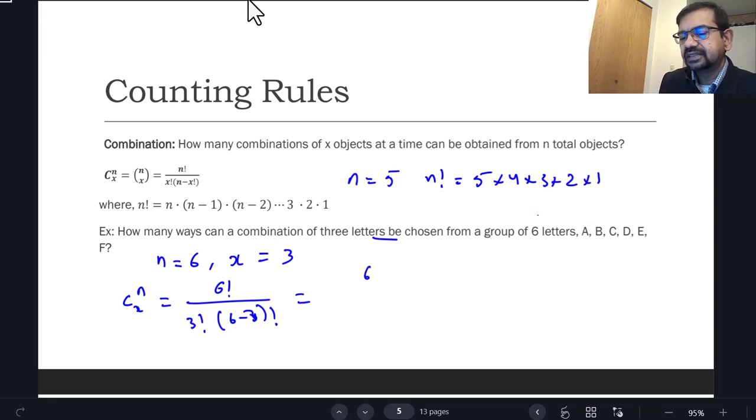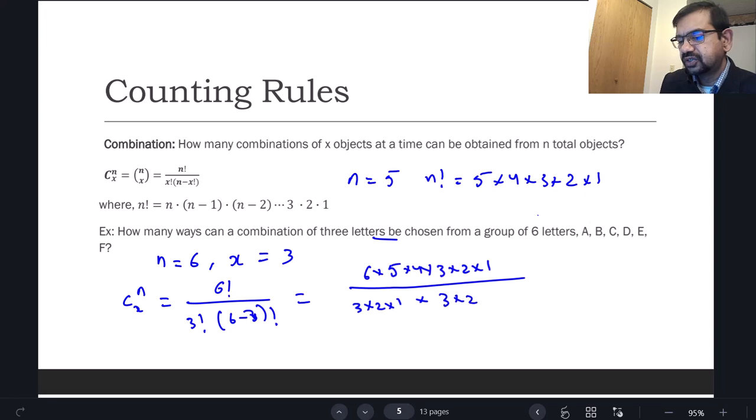And then we can expand this. We get 6 times 5 times 4 times 3 times 2 times 1 divided by 3 times 2 times 1 for this 3 factorial, and then times 6 minus 3, which is again 3, so 3 factorial, 3, 2, 1.